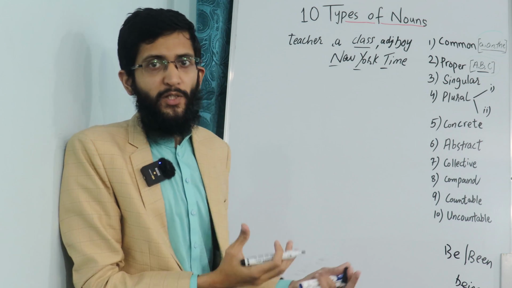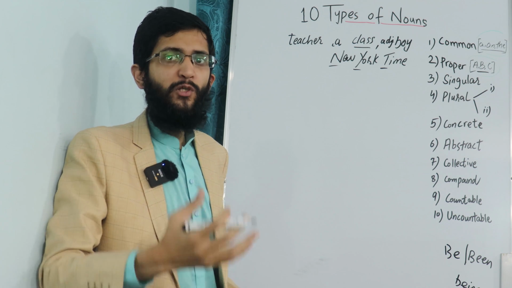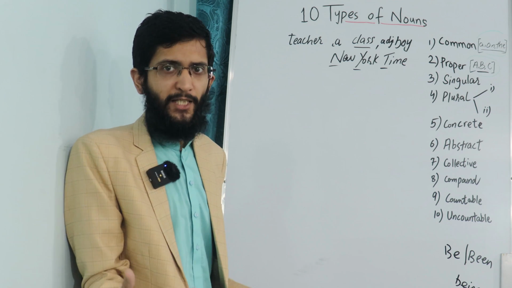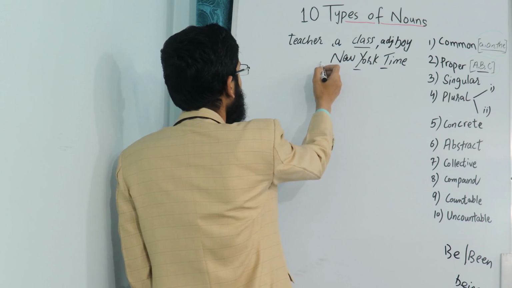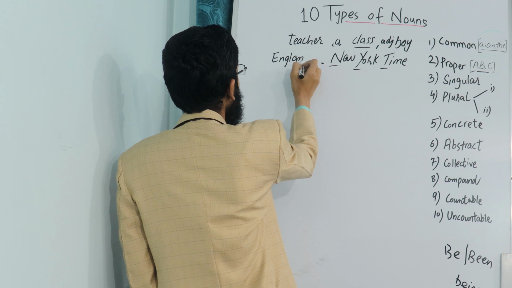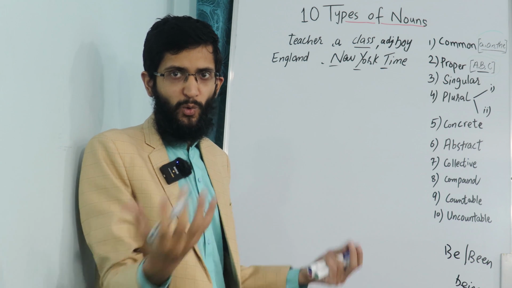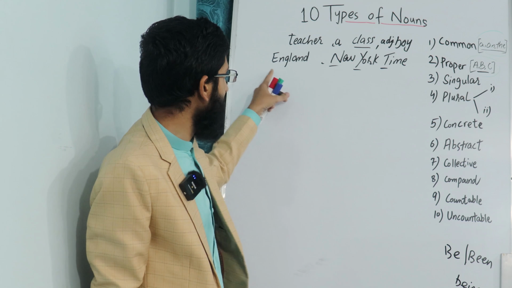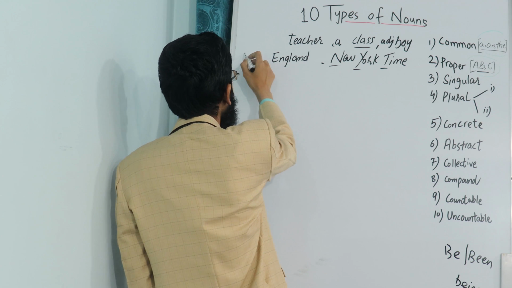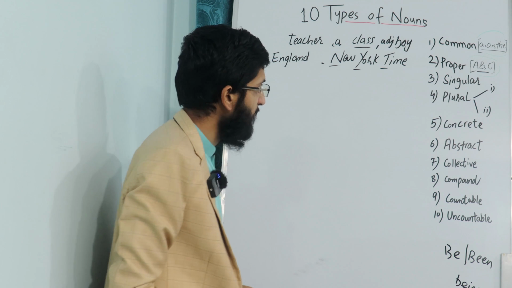Proper noun, I have already told you the definition, can be used for a specific person, a specific class, a specific group of people, a specific thing. For example, England. England is a country, and there is only one country in the whole world, England. Next you can say UK, the UK. These are short forms, United Kingdom.